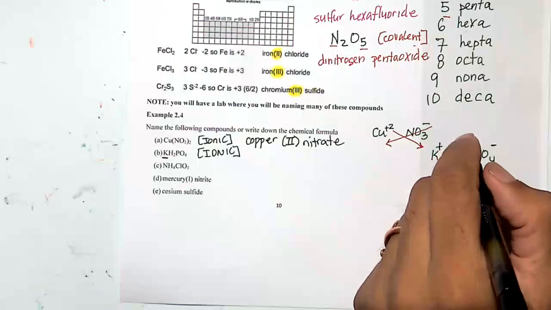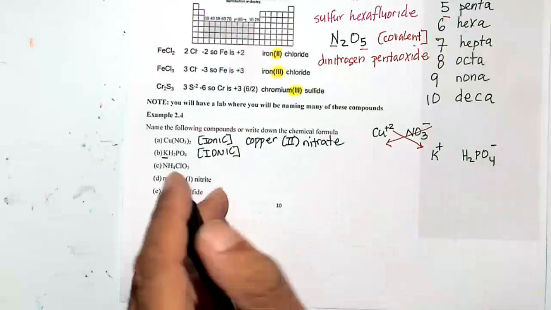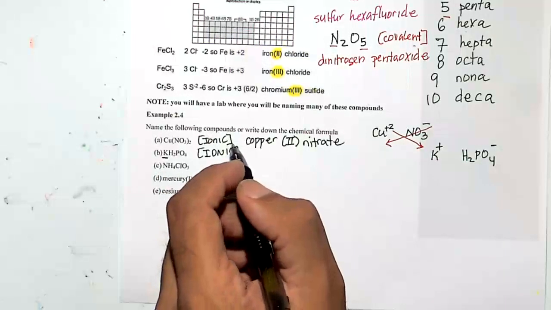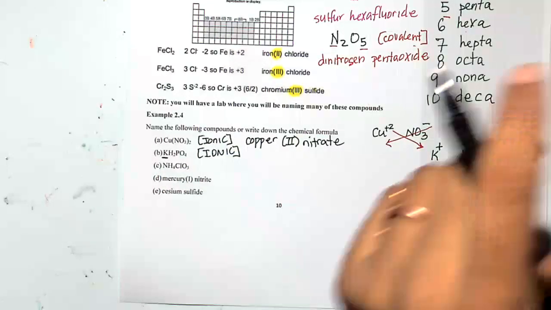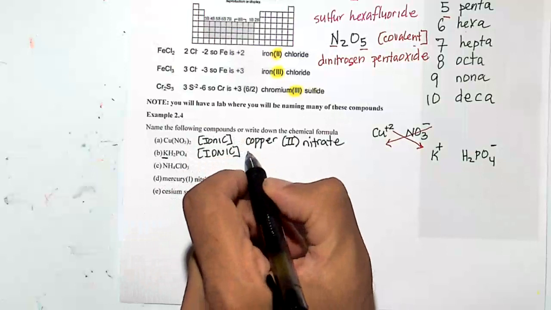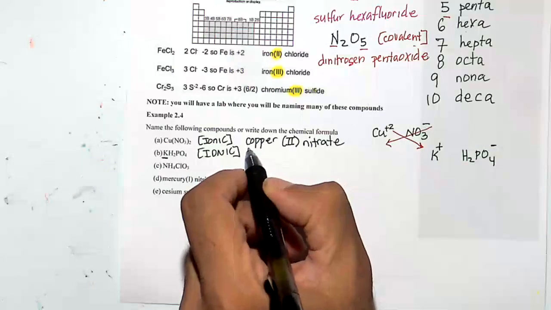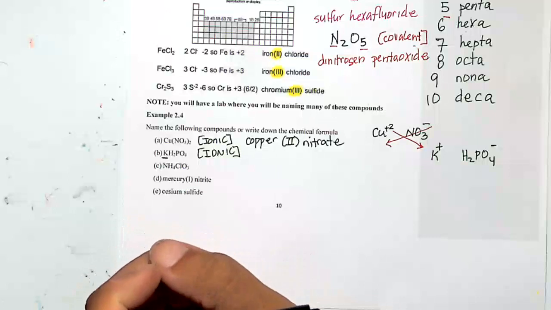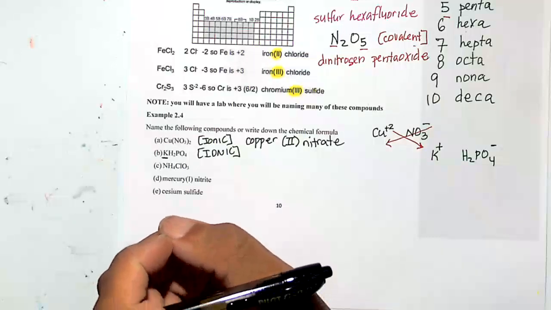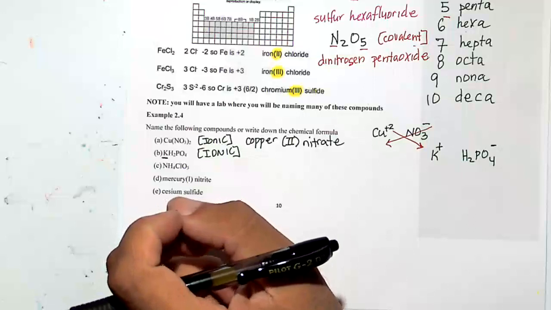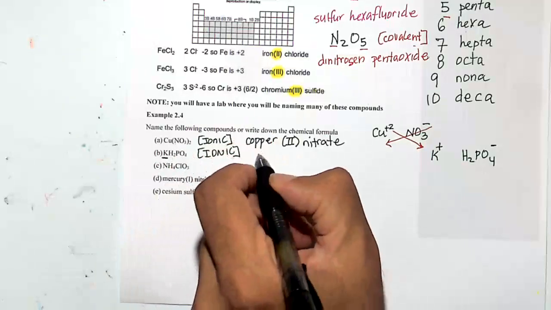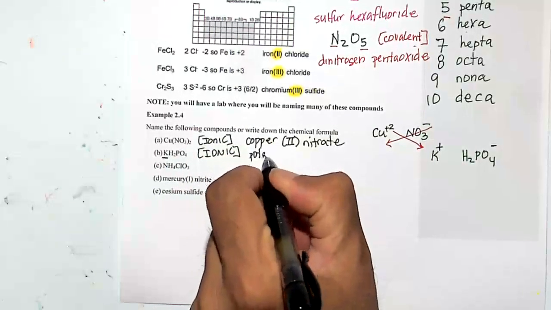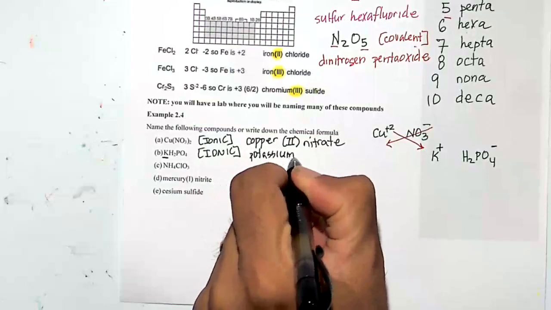Dihydrogen phosphate. This is just from our flashcards, dihydrogen phosphate. So this is potassium. Should we put Roman numerals in here? No. Right? Because what, David? It's just potassium. What group is potassium in? Group 1. So this is potassium dihydrogen phosphate.